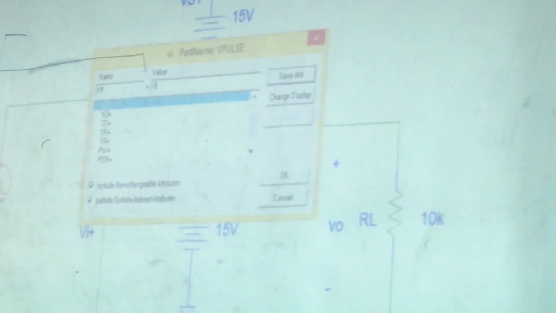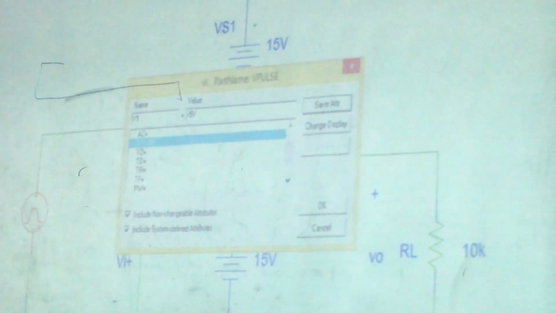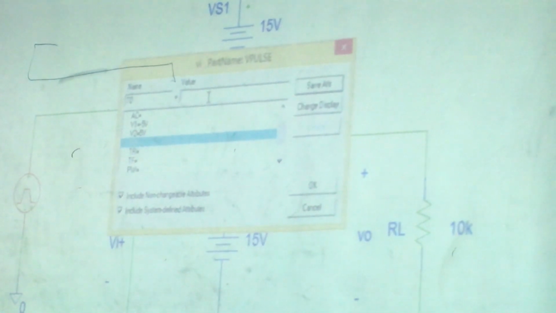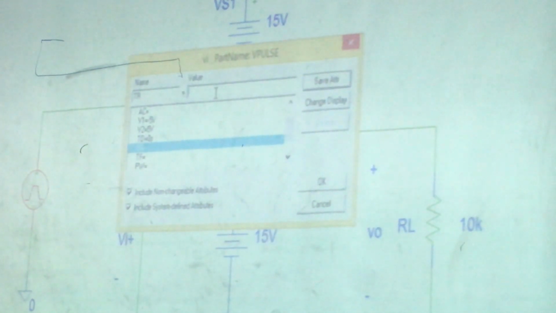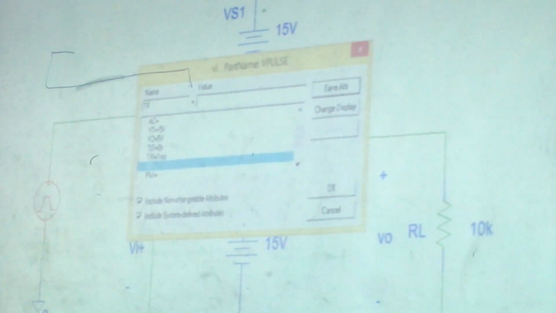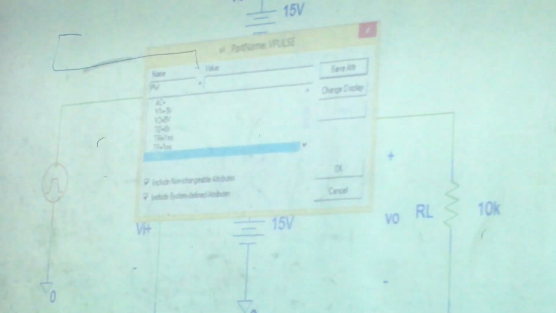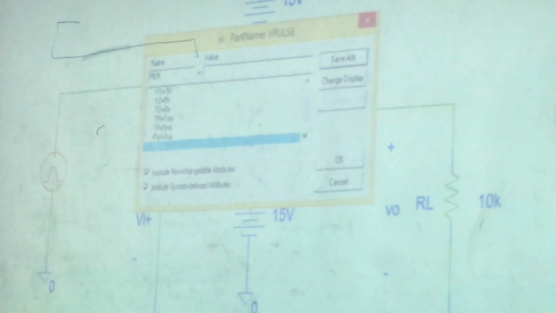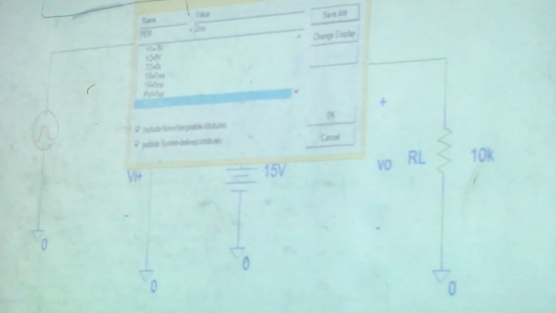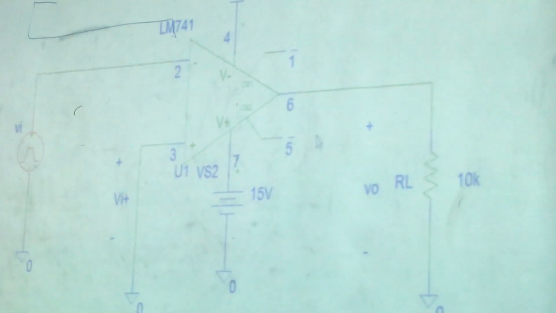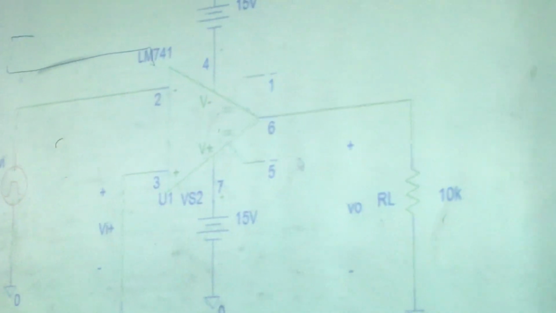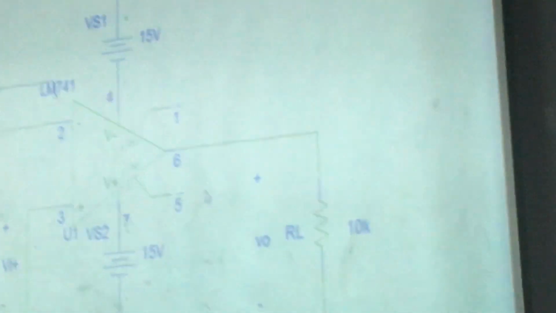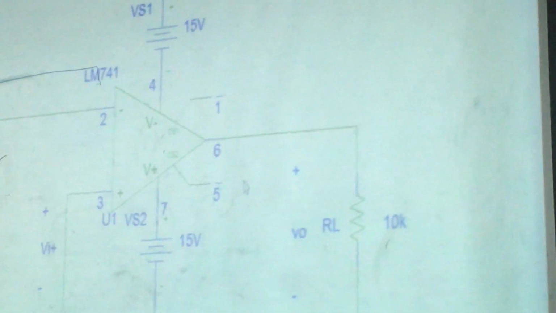P1 minus 5 volts, P2 5 volts, TD 0 second, TR 1 millisecond, TF 1 millisecond as well, PW 1 microsecond, and PER 2 milliseconds. Yeah? U. Mu is not possible. Three letter mu. That's why U. Smaller U. Okay, you configured 7 parameters, but those are not visible here.